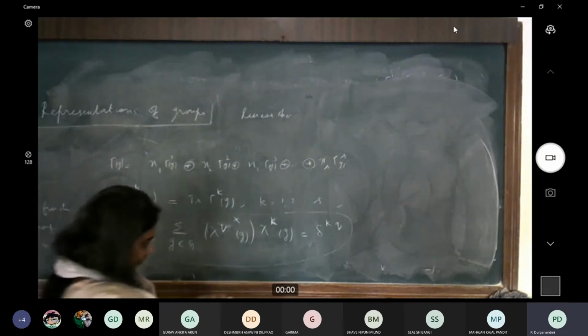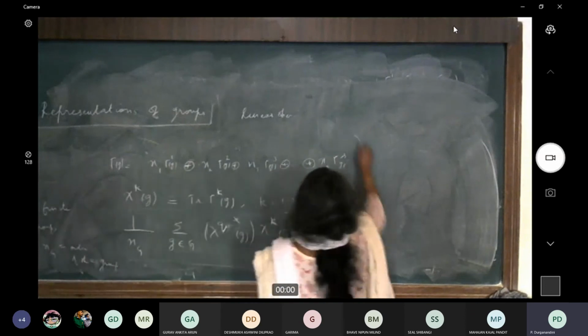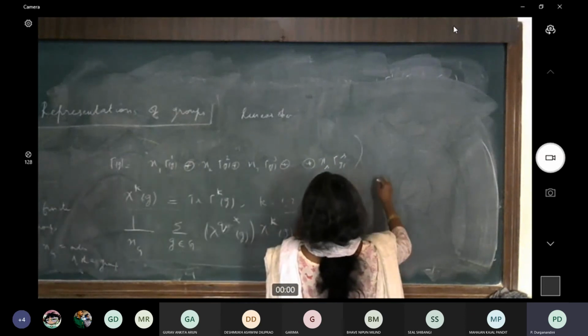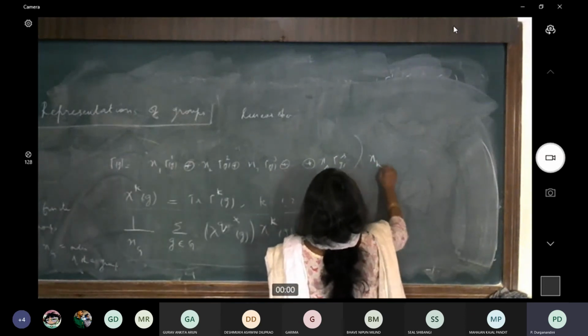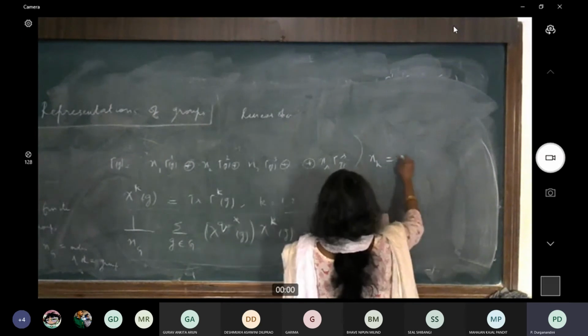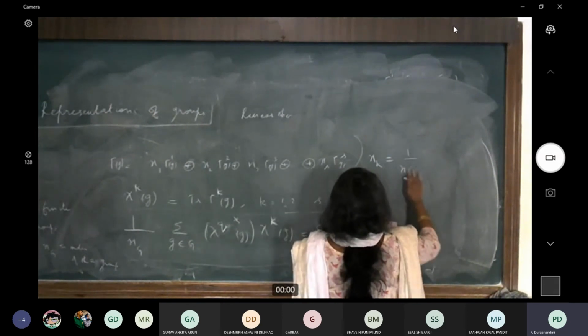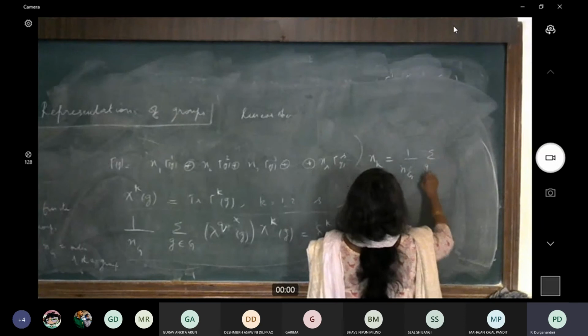You can then also show the following: from this relation, one can show that the multiplicity is given by this. I'm doing all this without any proofs.